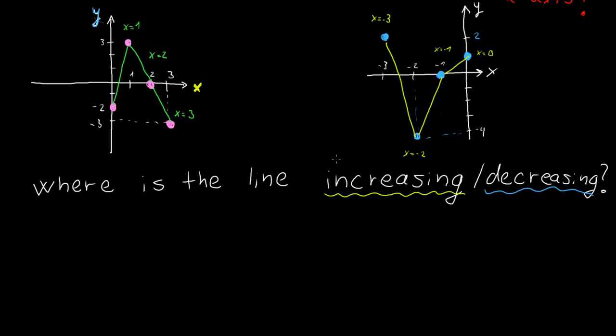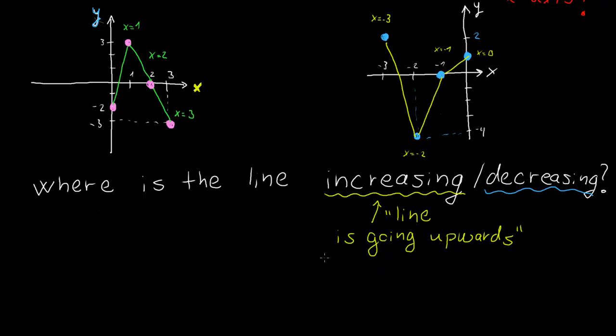What does this mean? Okay, so increasing is simply said, or rising, that the line is going up. In a very simple term, and I'll give a more mathematical term, the line is going upwards, and by upwards, I mean in the positive y direction.